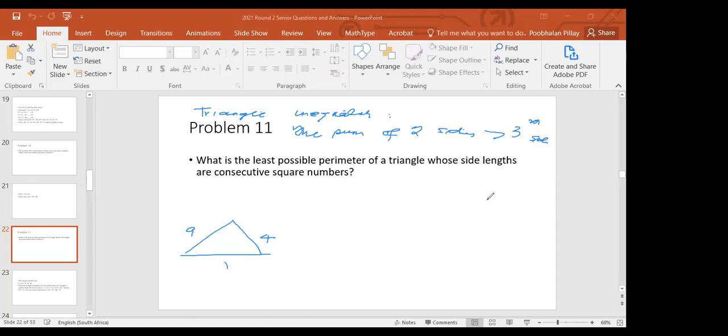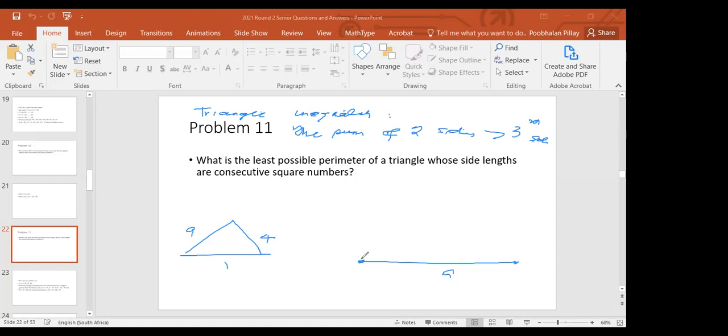You see, the reason for this is, if I got 1, 4, and 9, suppose I want to draw this triangle. Okay, let's draw the 9. Now I want the other two sides to be 1 and 4. So the third vertex of this triangle will be 1 unit away from this point and 4 units away from this point.